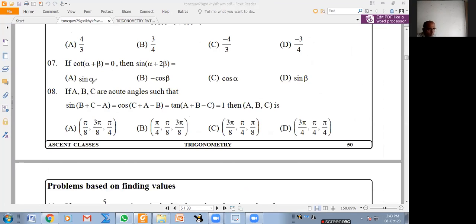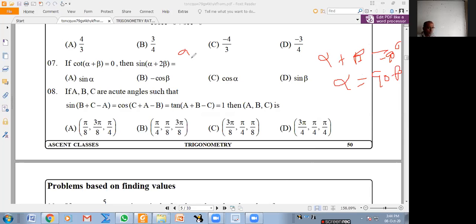Alpha plus beta is equal to 90, sir. Yeah. So in the seventh question, you'll simply get alpha plus beta is 90. Now, in the place of alpha, you can write 90 minus beta, or in the place of beta, you can write 90 minus alpha.